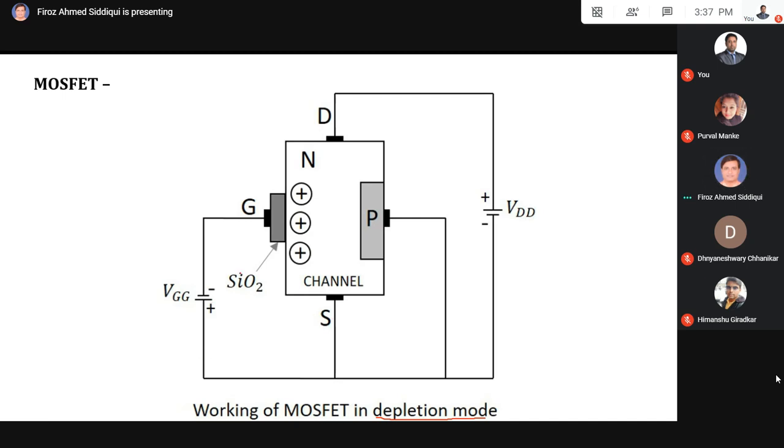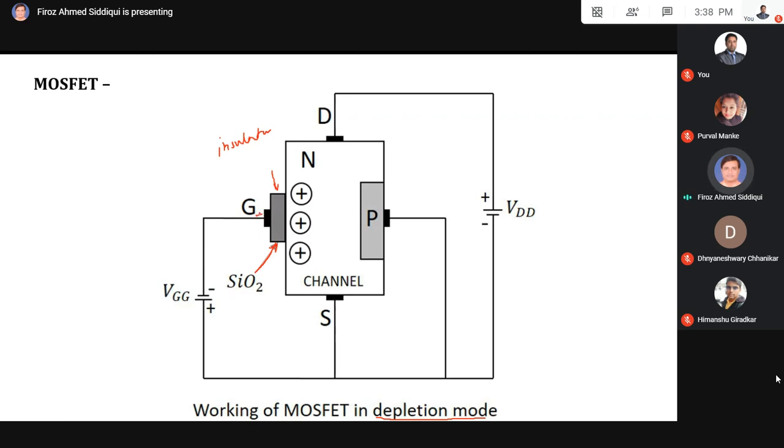So this is the silicon dioxide layer. It is an insulator layer. If we see, this will act like a capacitor.